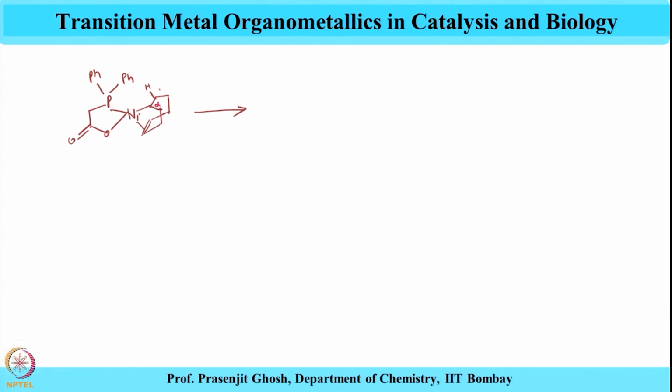This is the alpha carbon, this is the beta carbon. In the beta hydride elimination process, an active species of nickel hydride is formed along with nickel cod chloride.